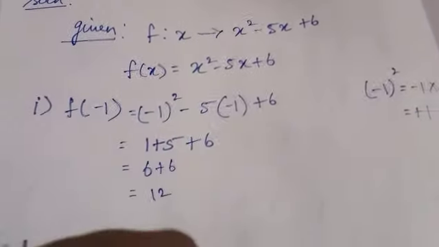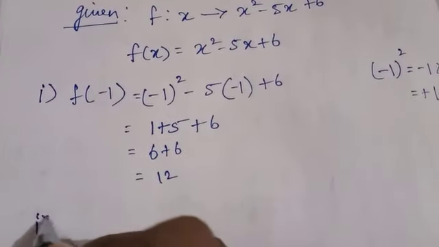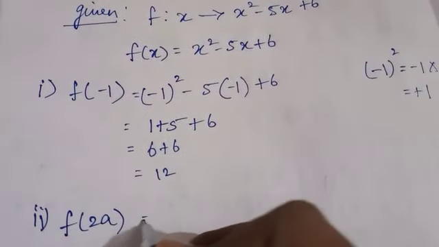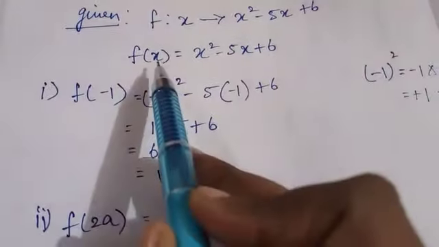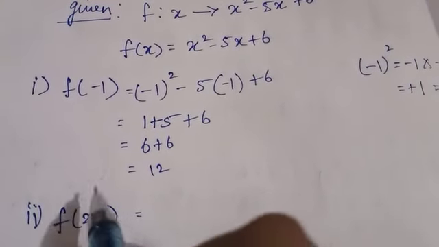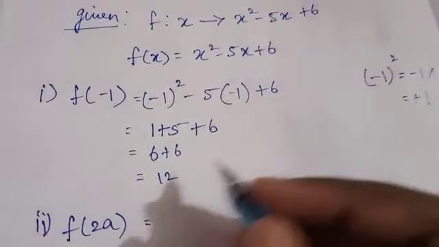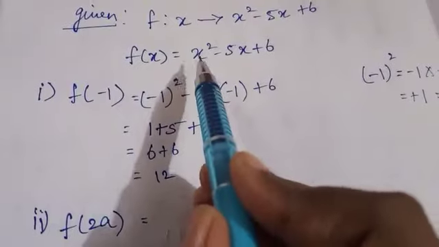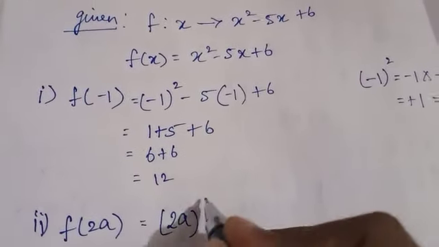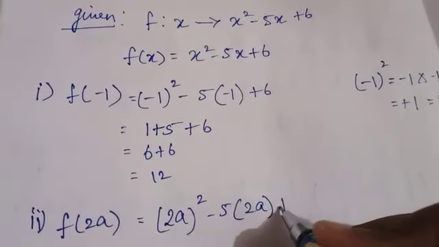So what is the second subdivision? The second subdivision is f of 2a. In the place of x we have 2a, so I am going to substitute 2a in the place of x in the given equation. So 2a whole square minus 5 into 2a plus 6.